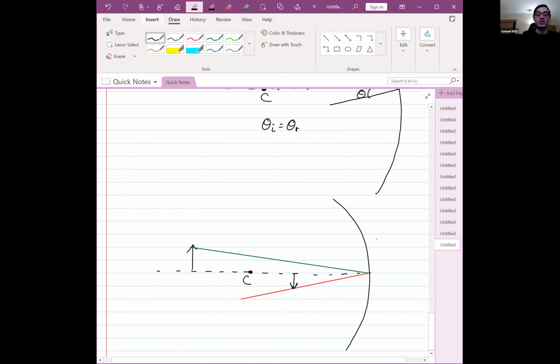We know that it has to appear somewhere below, right? Actually, let's just figure out where the image is, so it doesn't look like I'm just guessing. The image would be about, yeah, maybe there. Okay, so the image is, say, here.